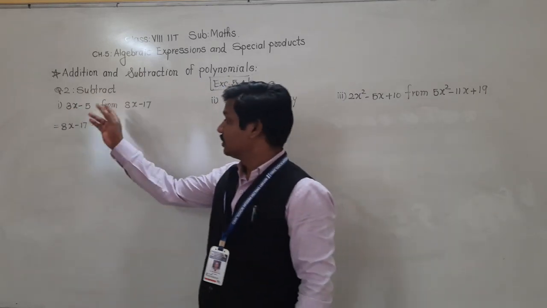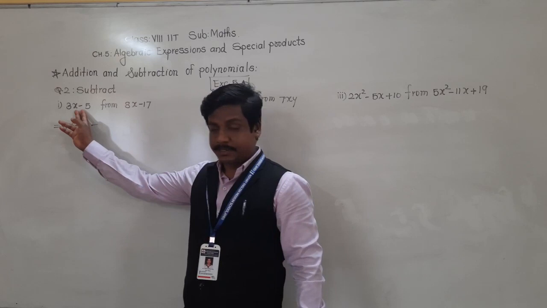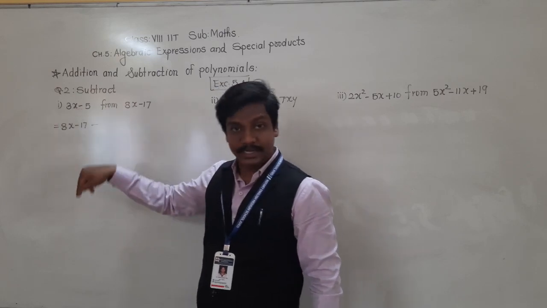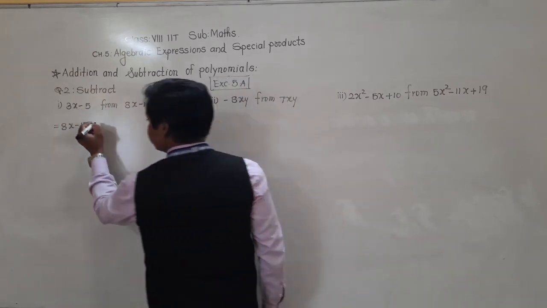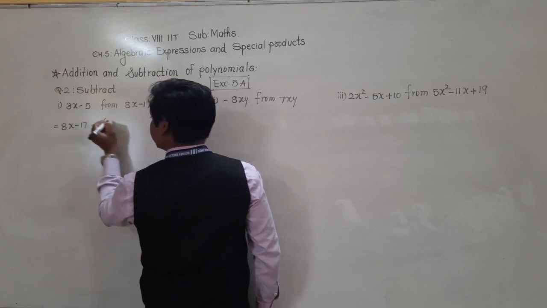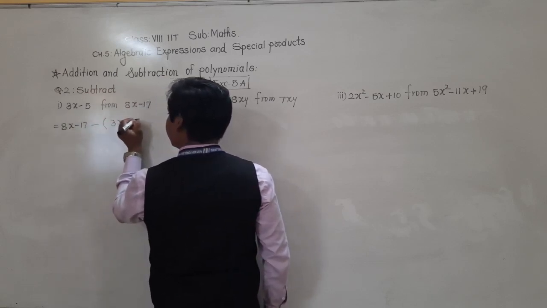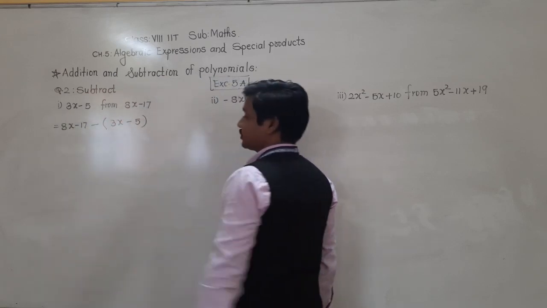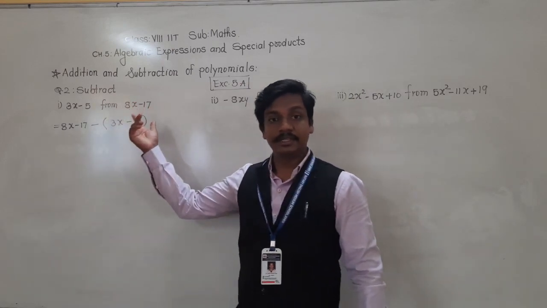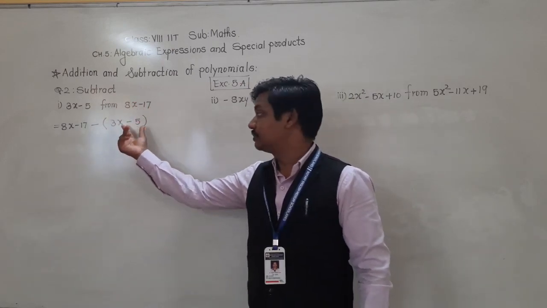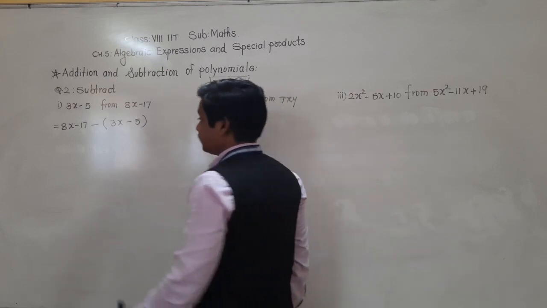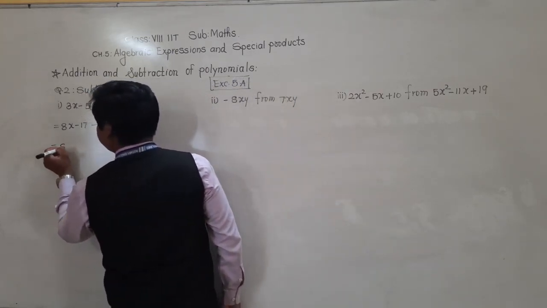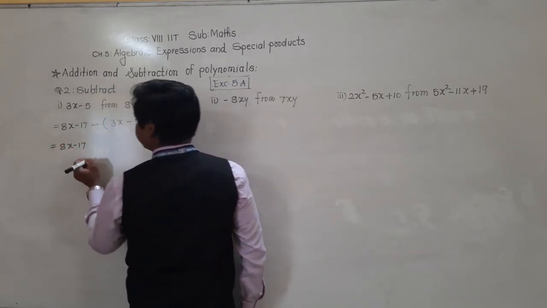Now before writing this expression, we have to put it into a bracket. Remember, when there is subtraction, the second expression we need to put into a bracket. Why? Because due to the subtraction sign, there will be a change in the sign of the terms in the second expression. Okay. So see here, let us remove the bracket first.